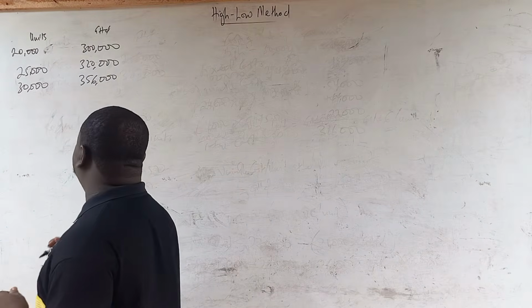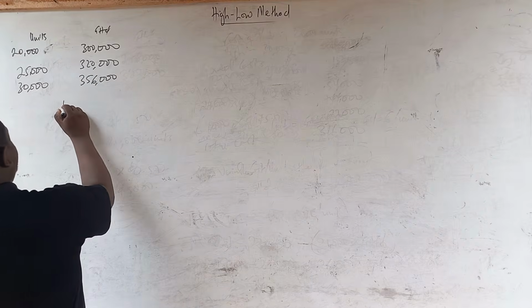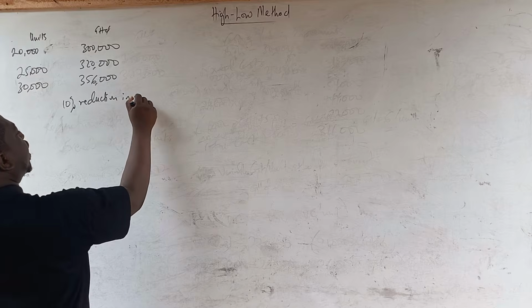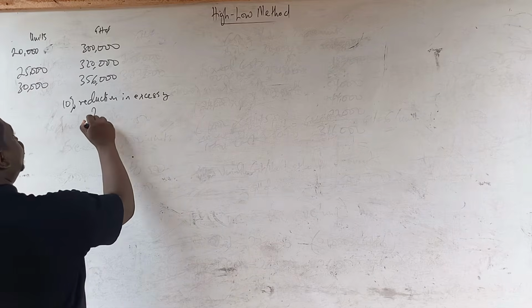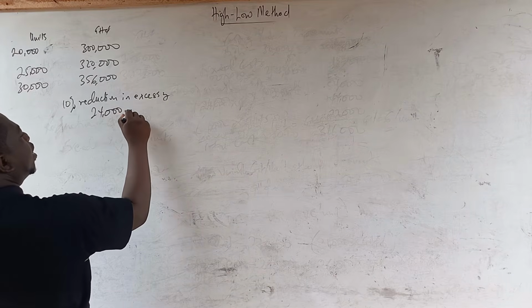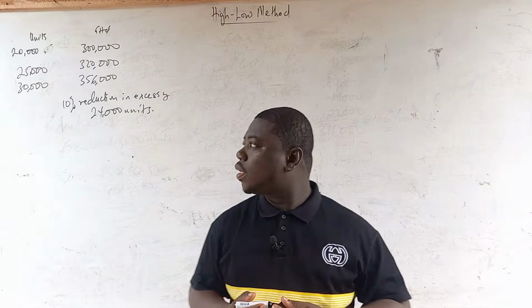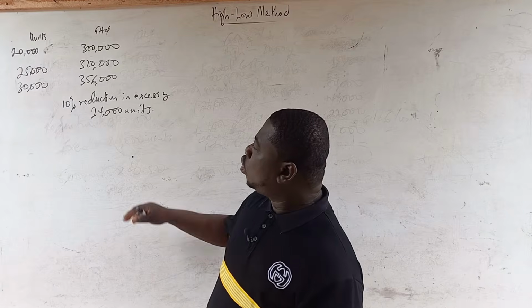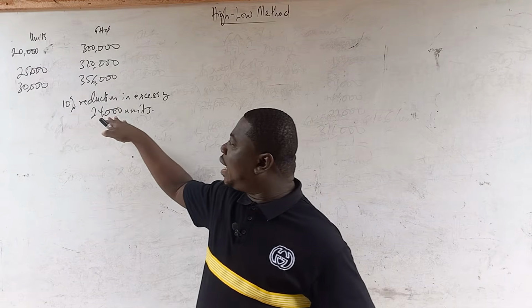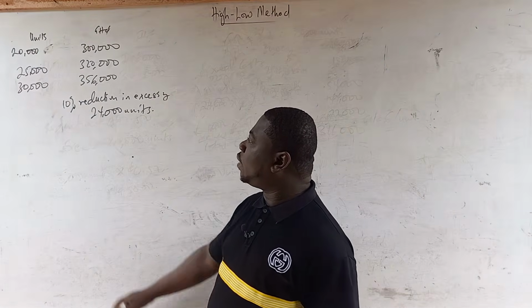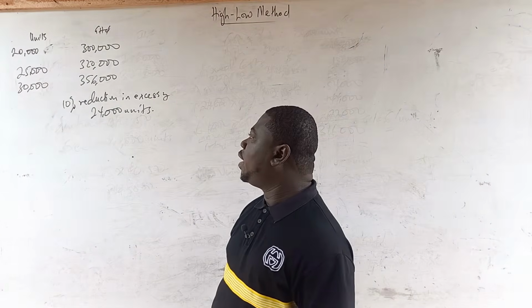Now, we are told that there is a 10% reduction in excess of 24,000 units. However, this reduction applies to the whole units. So, fortunately, we have 2 of them above the 24,000. 25,000 units is above 24,000 and 30,000 units is also above 24,000.